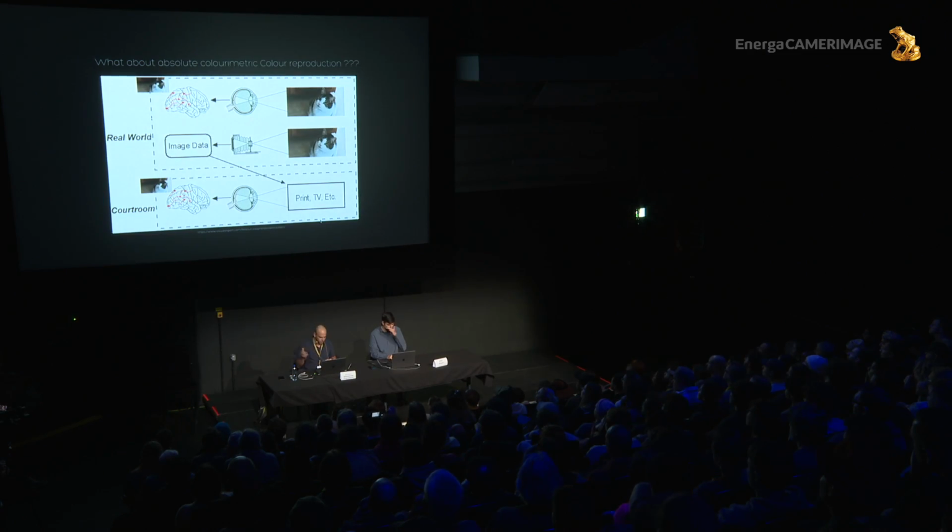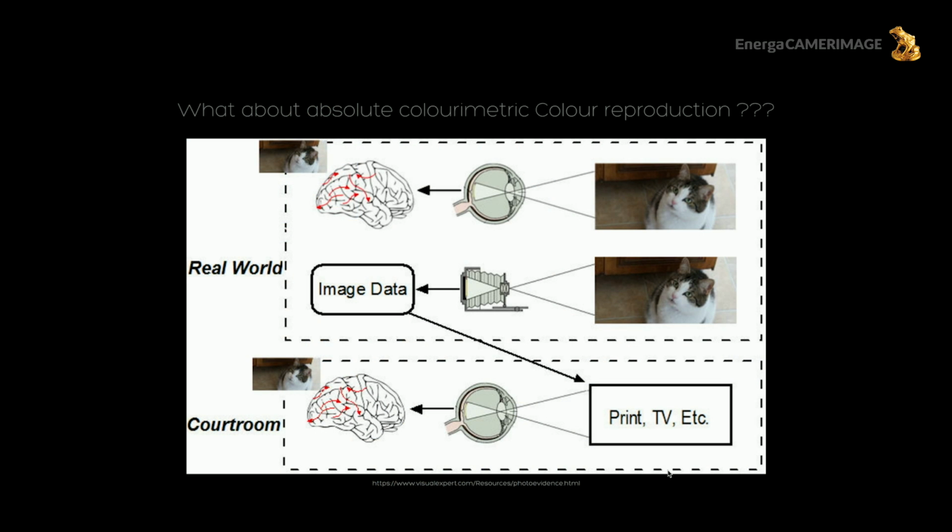This is also very important for documentary, when you say you want to take a picture which represents what we saw on set. But actually this is not possible. And if we go to a very different room, not the grading room but the courtroom, when images are used as evidence for a crime, that same aspect is highly debated.